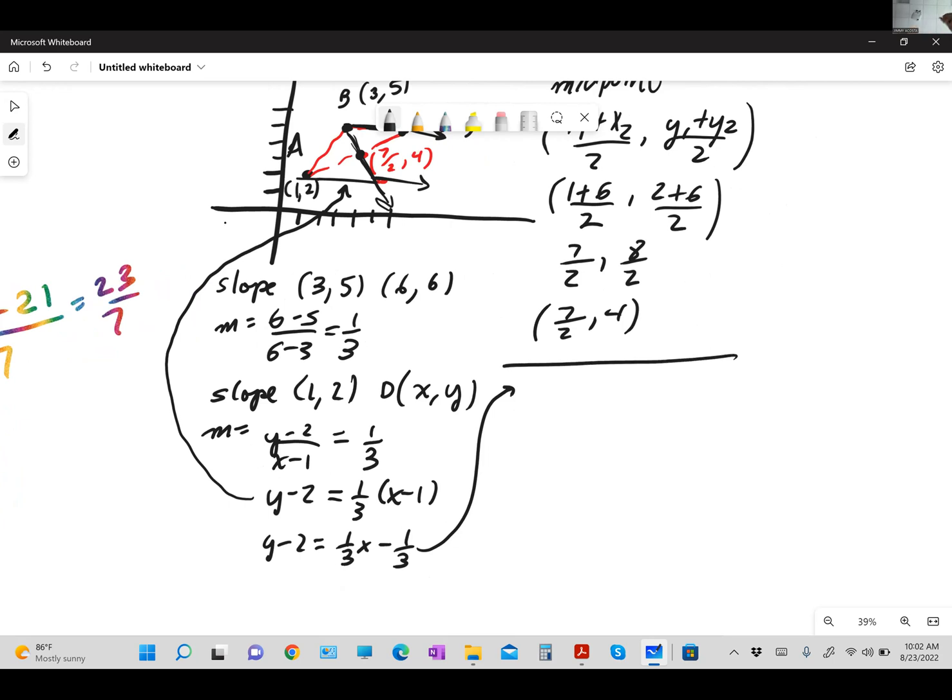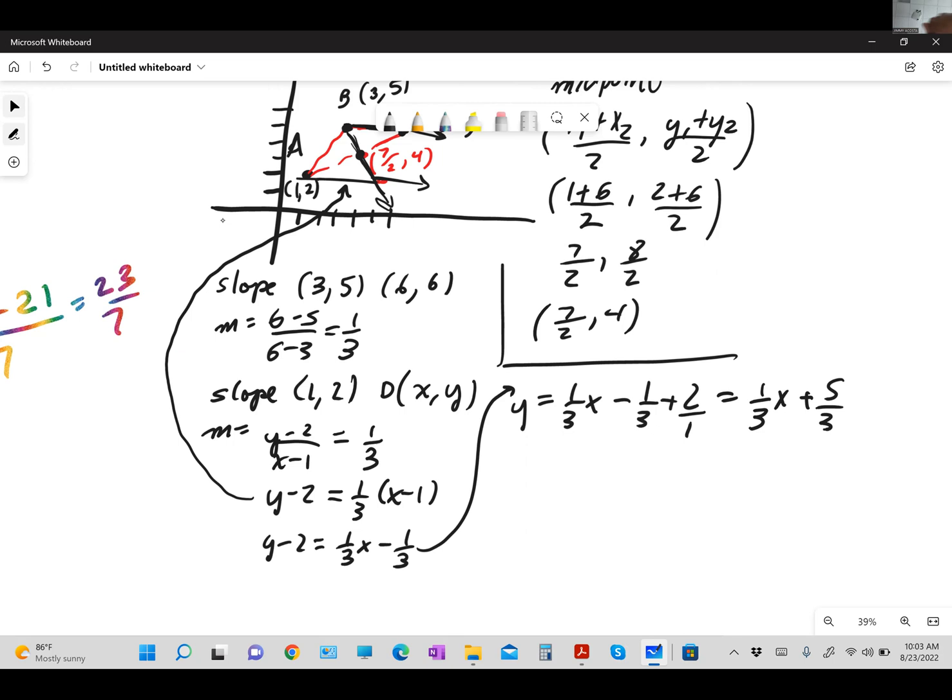But you're going to get confused anyway because that's who you are. And so we have y equals 1/3 x minus 1/3 plus 2. And you're going to fix that by doing crisscross happy face because you're cool. So it's 1/3 x, crisscross happy face, so we got -1 plus 6, which is +5 over 3.